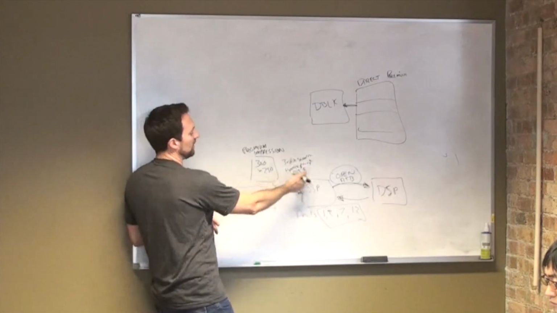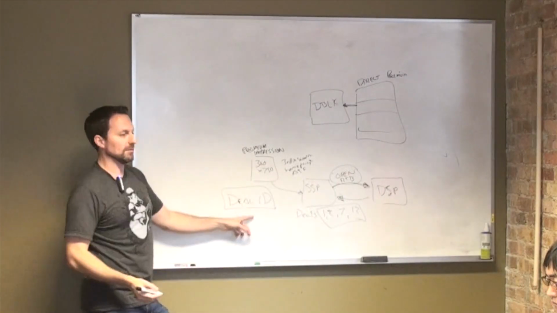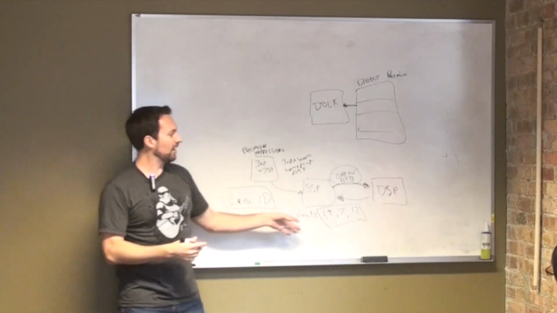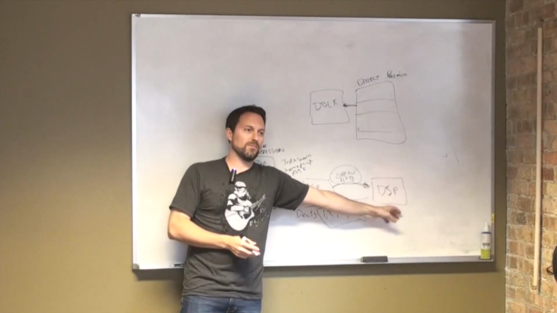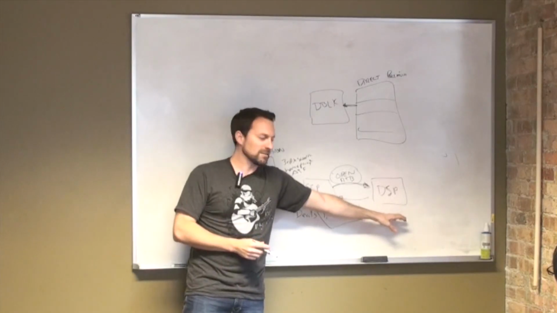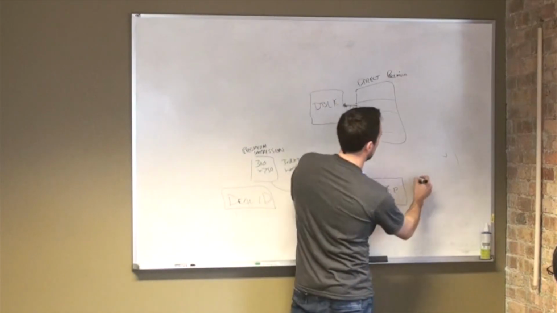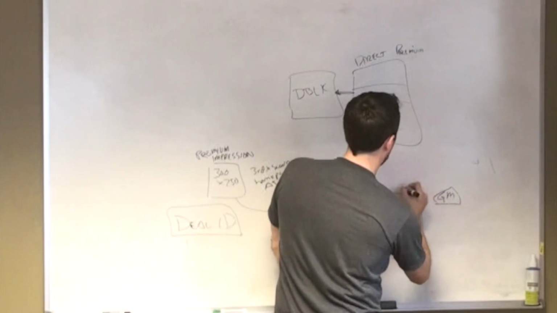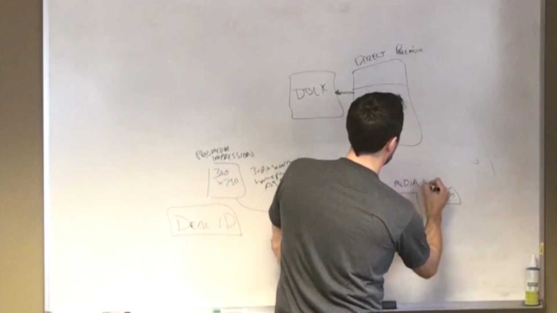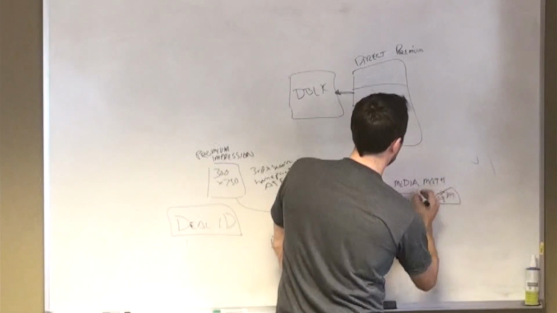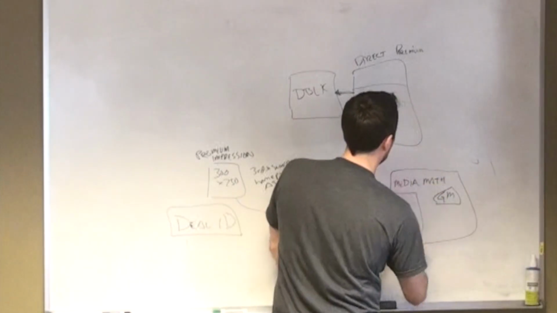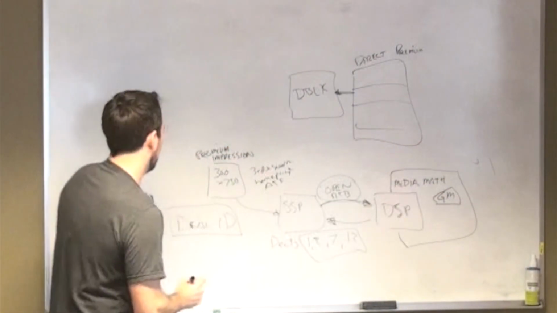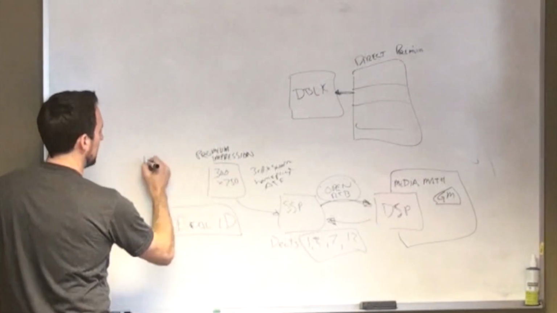So in the SSP's interface, there's a place to set up a deal. And you can say, hey, I'm going to sell 1 million impressions above the fold, 300 by 250s, over the next month to General Motors over at MediaMath. And maybe this is NBC.com.